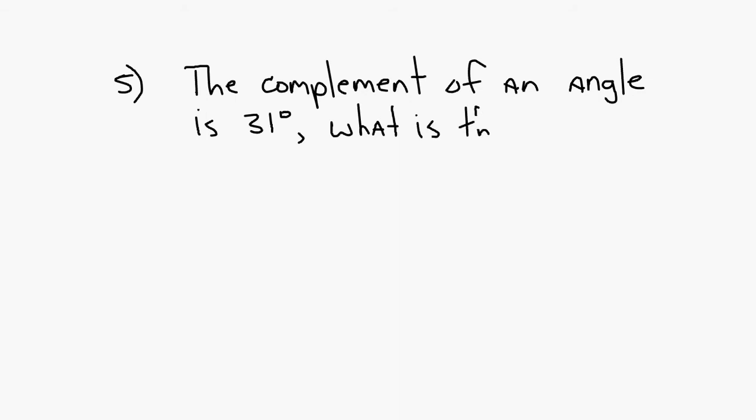What is the angle? Complementary means sums to 90, right? So if the complement of an angle is 31, what is the angle? You take 90 and you subtract 31. And 90 minus 31 is 59 degrees.